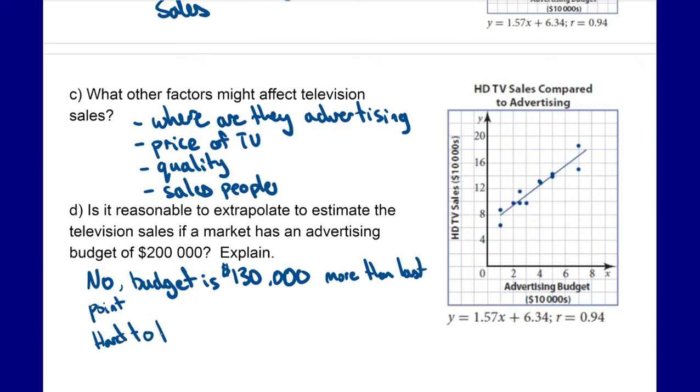So it's hard to know if the trend will continue. In a similar example, say you record your height for ages 5 to 15. You record it over those 10 years. Would it be reasonable to make a line of best fit for that data and then make a prediction for how tall you'll be when you're 30?